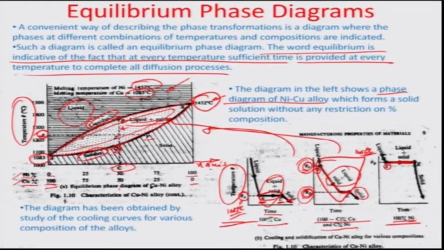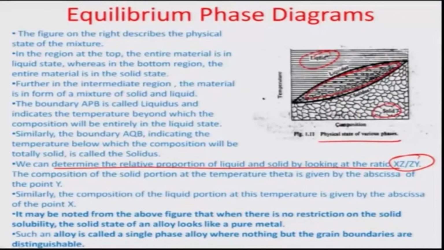So the amount of nickel as opposed to the total amount of liquid plus solid mass which is present can really be represented as xz by xy. Okay. So this ratio between this much length as opposed to the total length here would give you the percentage of solid fraction which is there. Okay. So xz by zy obviously is the solid to liquid portion.